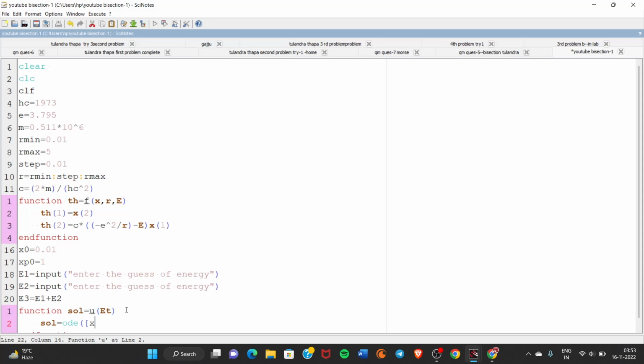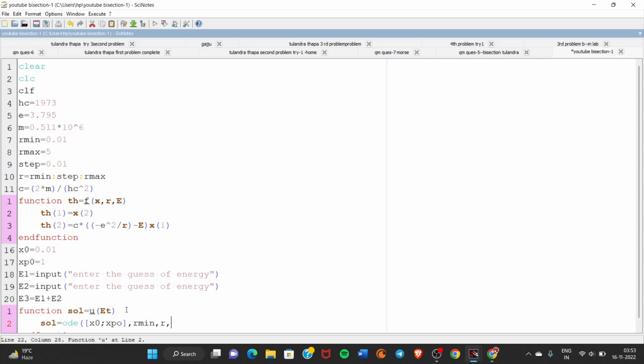These are important things. Then x0 again, and then the derivative initial value, then comma r min, from where we start, comma r, the range of r for which it has to solve, because it will solve over the boundary, I suppose.